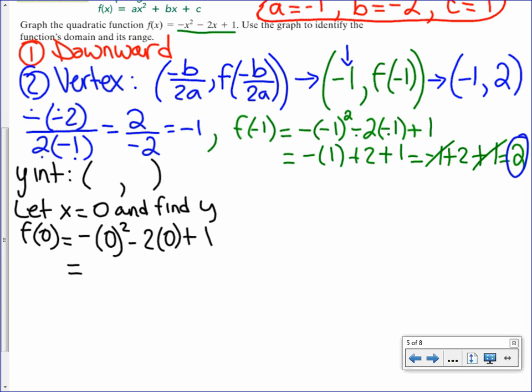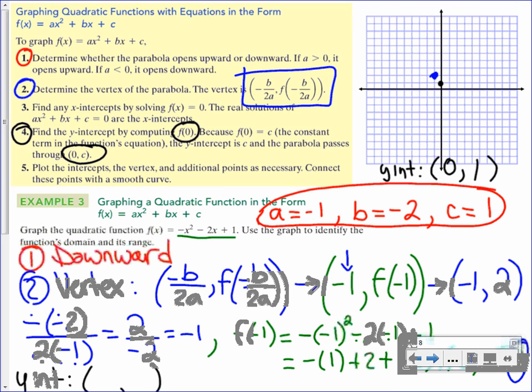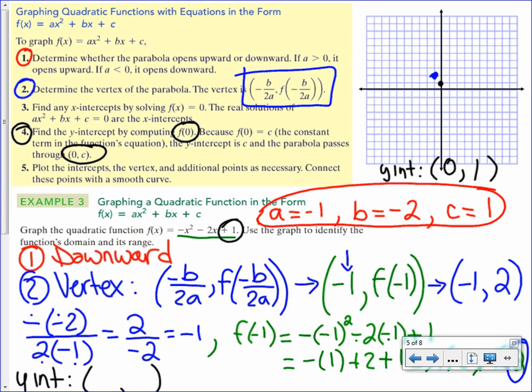So in this case, what is 0 squared? 0. And what is 0 times negative? Still 0. What is negative 2 times 0? 0. So what are we left with? 1. So that's why it makes sense that when you have a quadratic function written in general form, to find the y-intercept, you could just look at that constant term, and that's it.